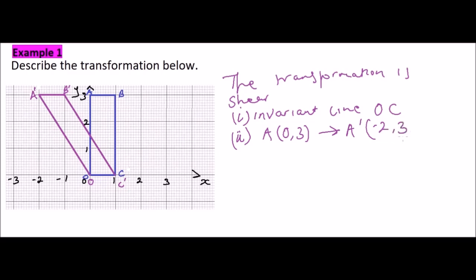You can describe any other point, like B. B has also moved from (1, 3) to (-1, 3), but we only need to describe one point. So that is how you describe that transformation.